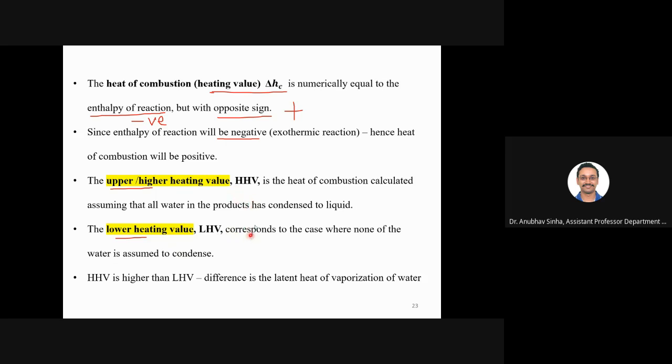And what is the difference between these two? What is the numerical difference? Number wise, when you do the calculation, the difference will be the latent heat of vaporization. Right?